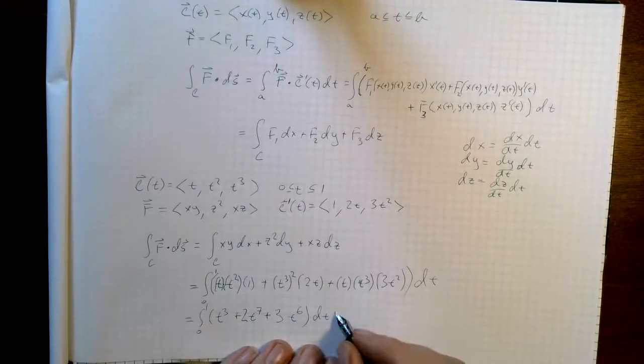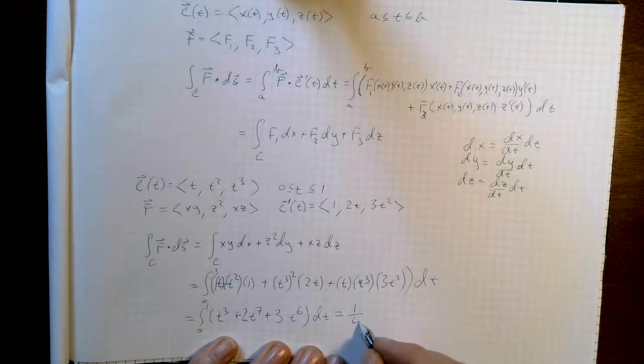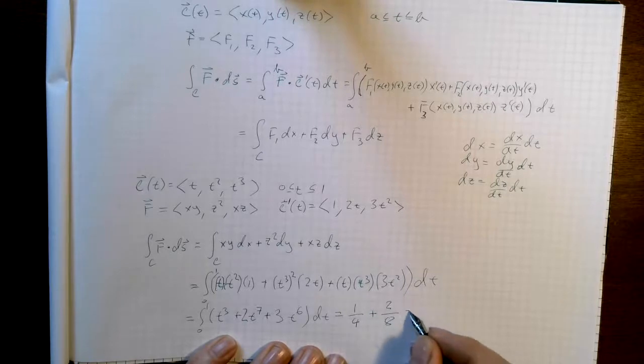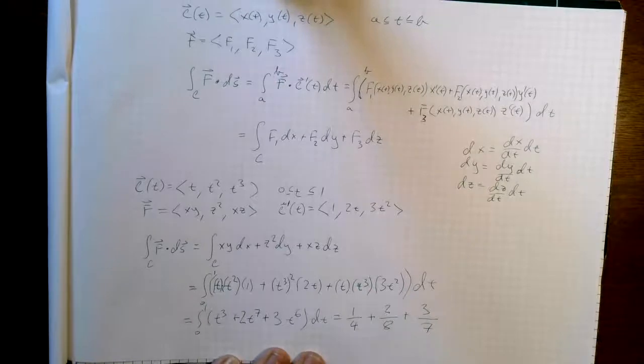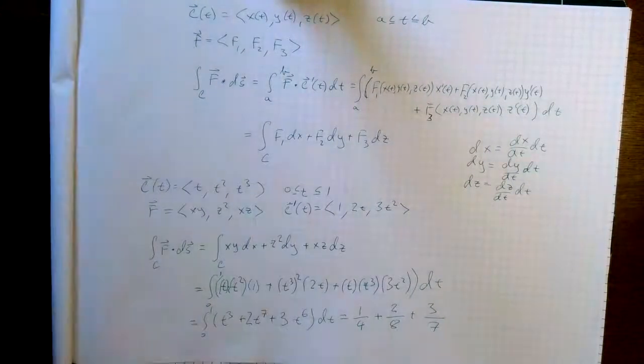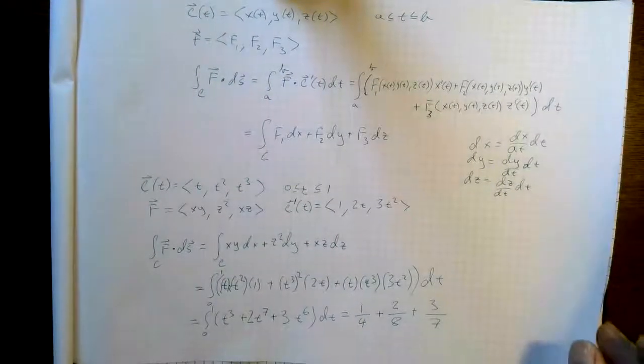And so this is gonna be 1/4 plus 2/8 plus 3/7. I think I'm doing that correctly in my head. That's just a calculus 1 integral now. So it's all rather easy to compute.